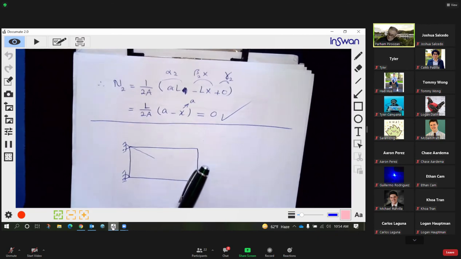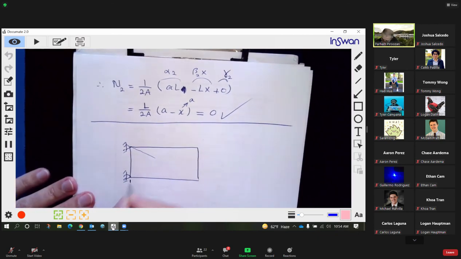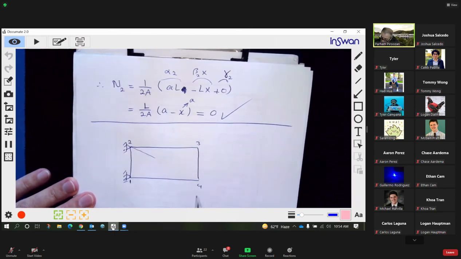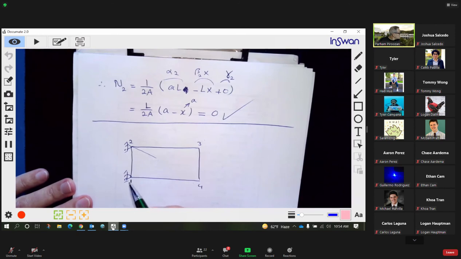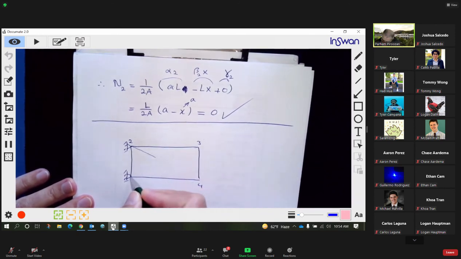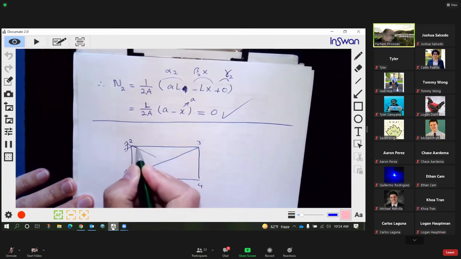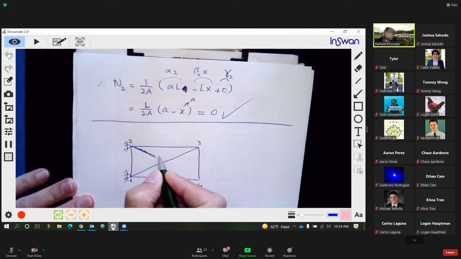Element 1, we call this node 1, node 2, node 3, node 4, and our element 1 is 1, 3, 2. So, forget about this one. This is our element 1. This is our element 2.